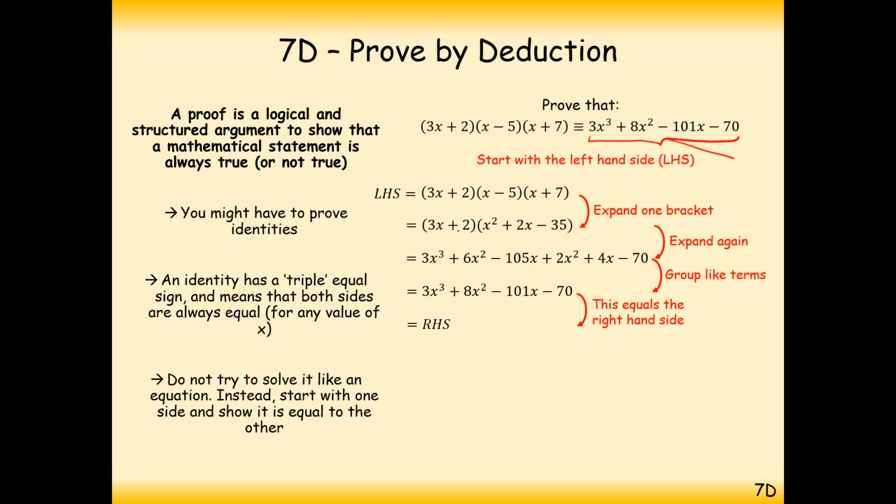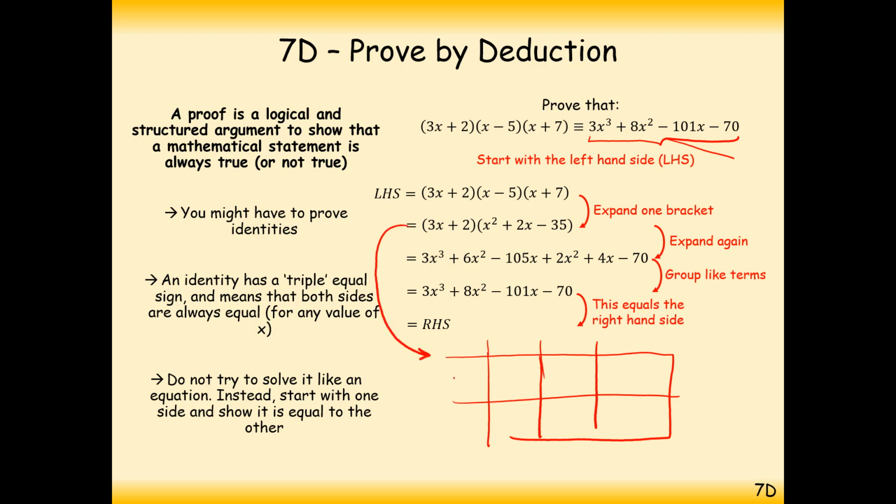If you don't remember, I would have used a box method here where I write the question on the top. This line here, I would have performed like so, this multiplication, just so you don't make an error somewhere.